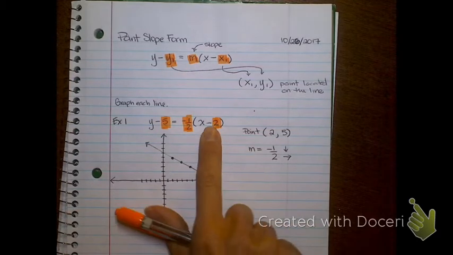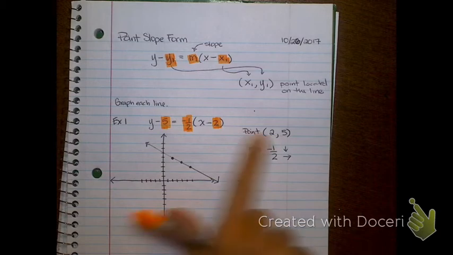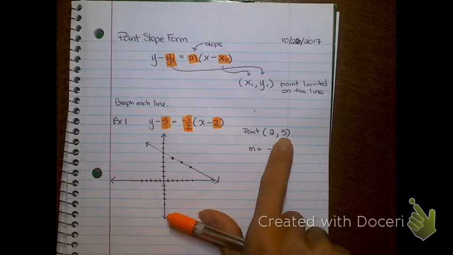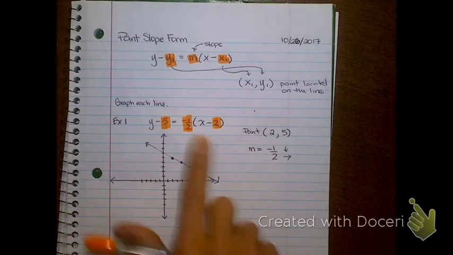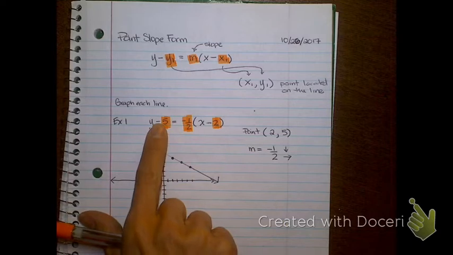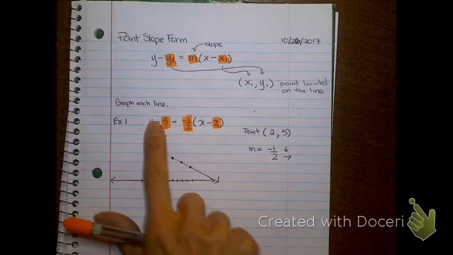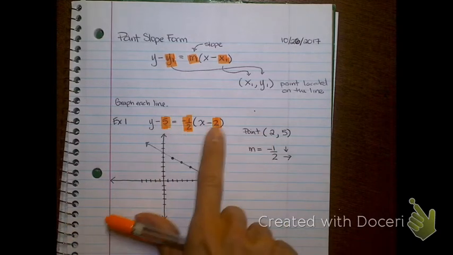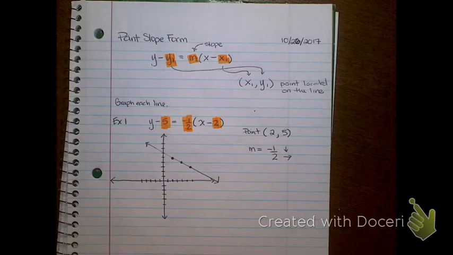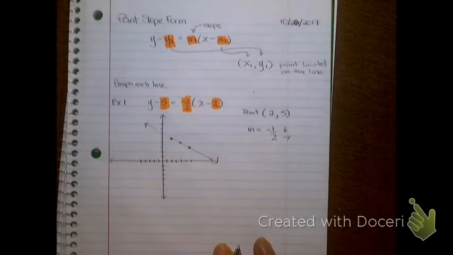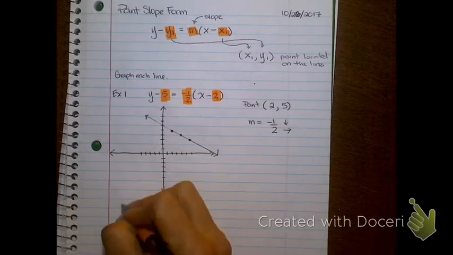What's the opposite of -2? Positive. What's the opposite of -5? Positive 5. So when you're looking for your point, you're going to see those minus signs, and you're going to want to say that the point is -2. It's not. It's the opposite.